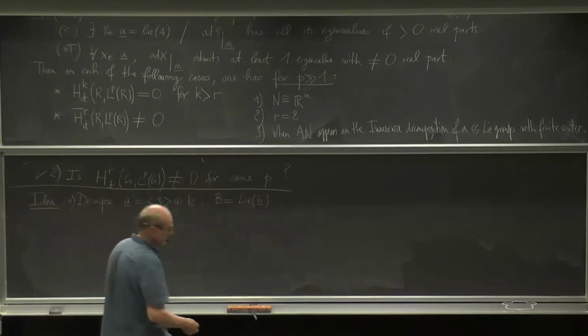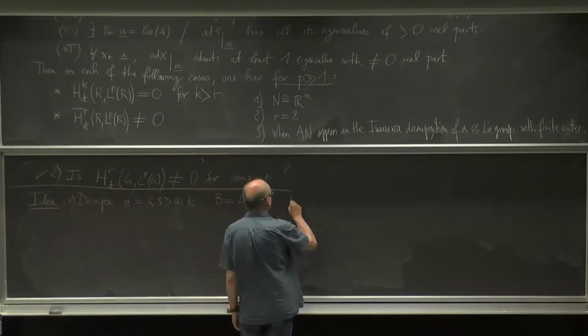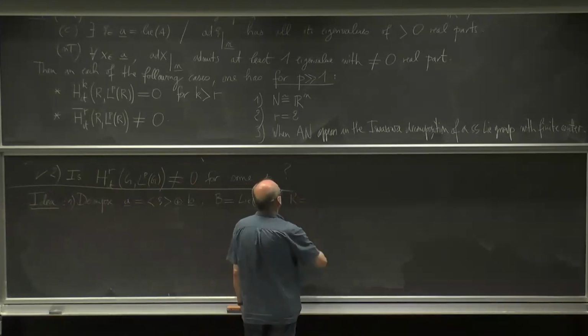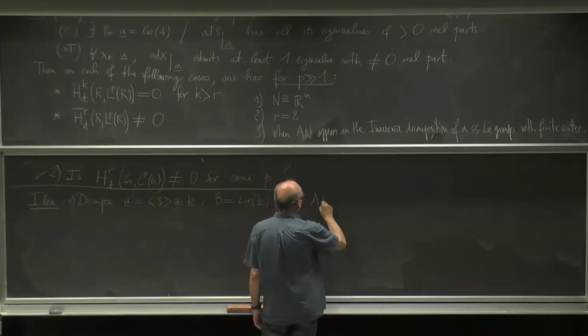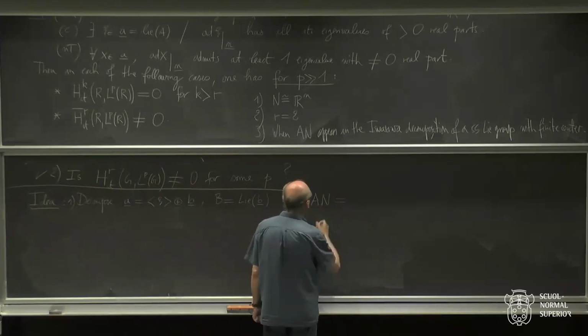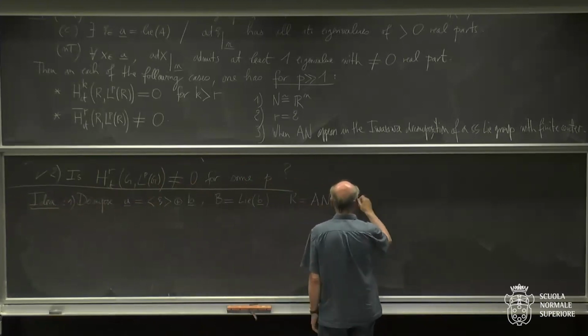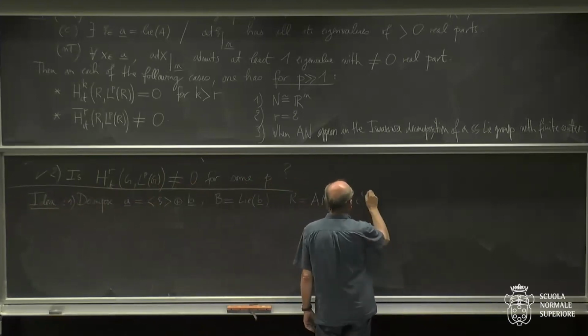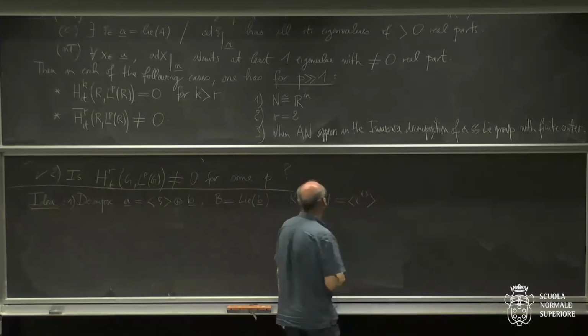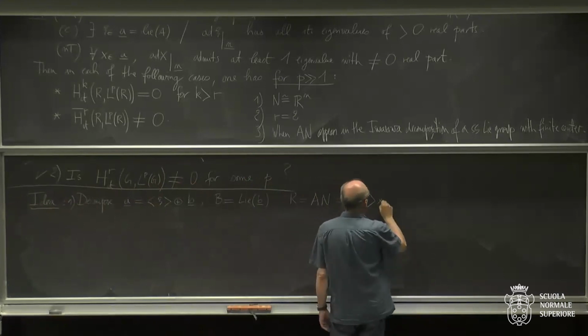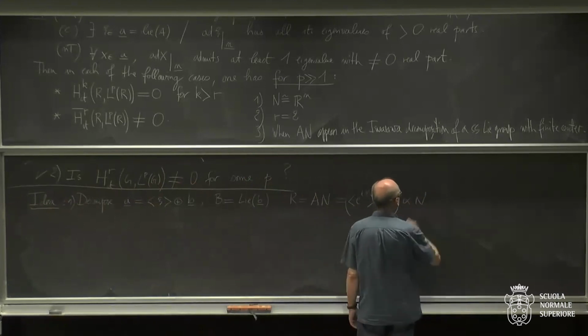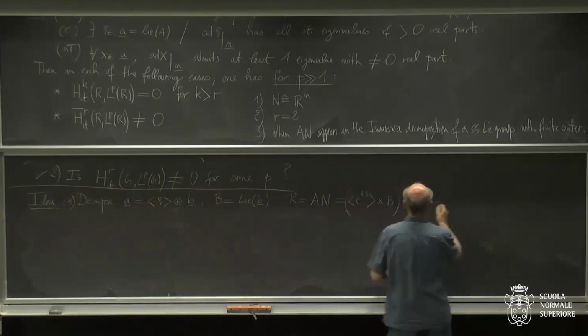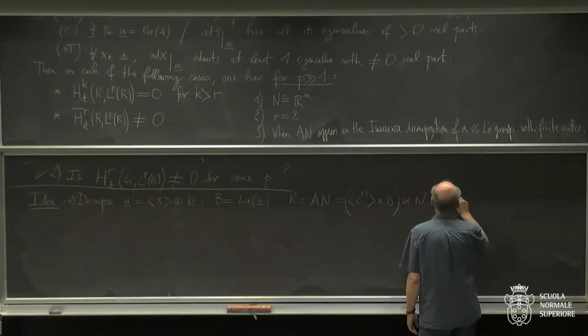And now, what can be said of R? So R, which is AN, can be written as a group generated by this, R cross B, semi-direct product with N, and I write it like that.